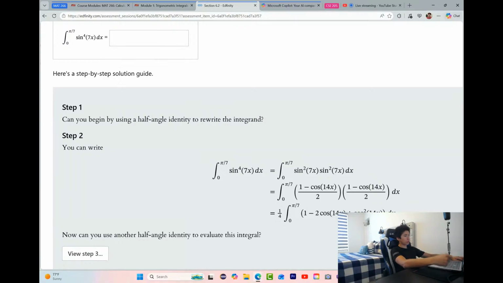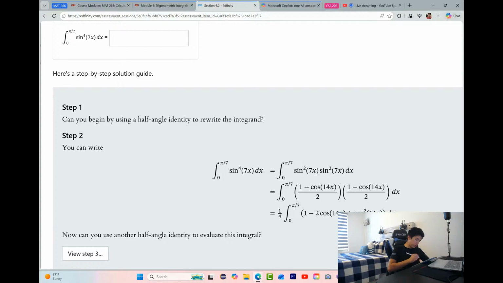Oh, wait, hold on. What did he do here? 1 minus 2 cosine. Oh, you expanded, didn't you? Let's do that. Yeah, looks like it expanded.